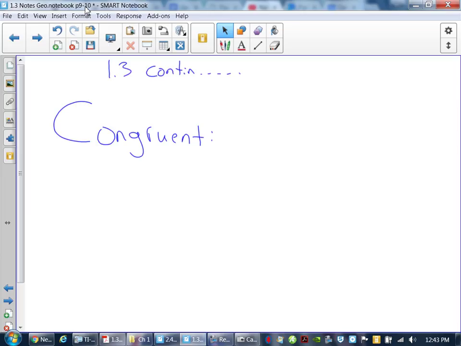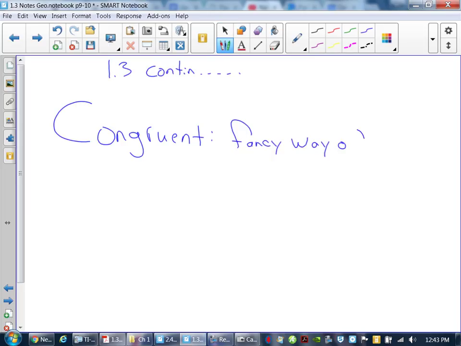Anyway, congruent. This term congruent is basically a fancy way of saying equal measure. Congruent is a geometry term. When things have equal measurements, that means they have the same length, the same degrees, things like that.